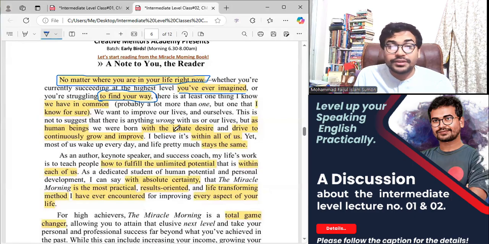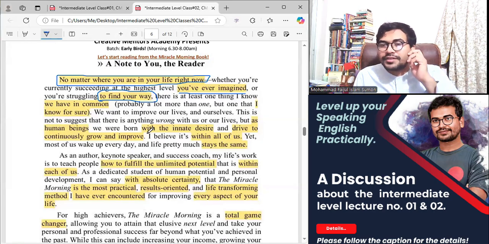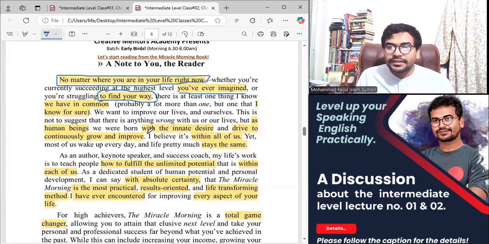That's how you can use all the terms for another purpose, I mean, different types of speaking. Okay, innate desire: it's the desire with which a human being was born. Actually, what kind of desire do we have since our childhood? It's our innate desire.